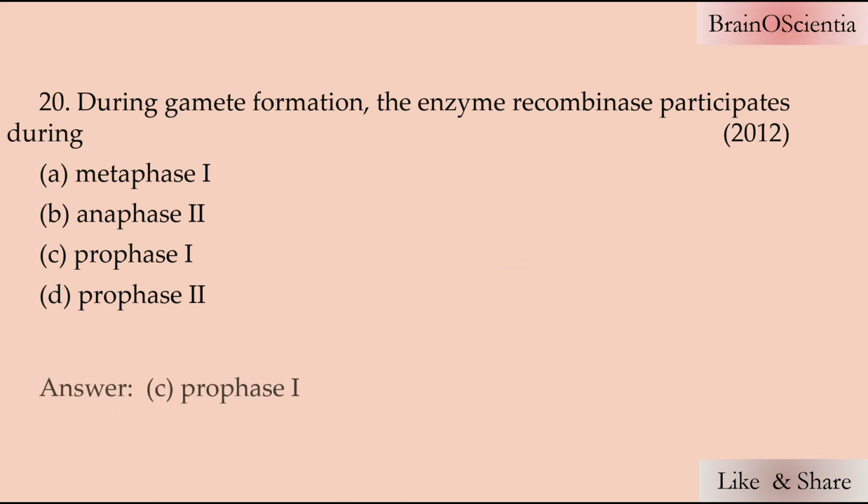The answer is prophase 1, because prophase 1 has stages: leptotene, zygotene, pachytene, diplotene and diakinesis. Because of crossing over, the recombination of chromosomes takes place, and in this stage recombinase becomes activated, in prophase of meiosis 1.